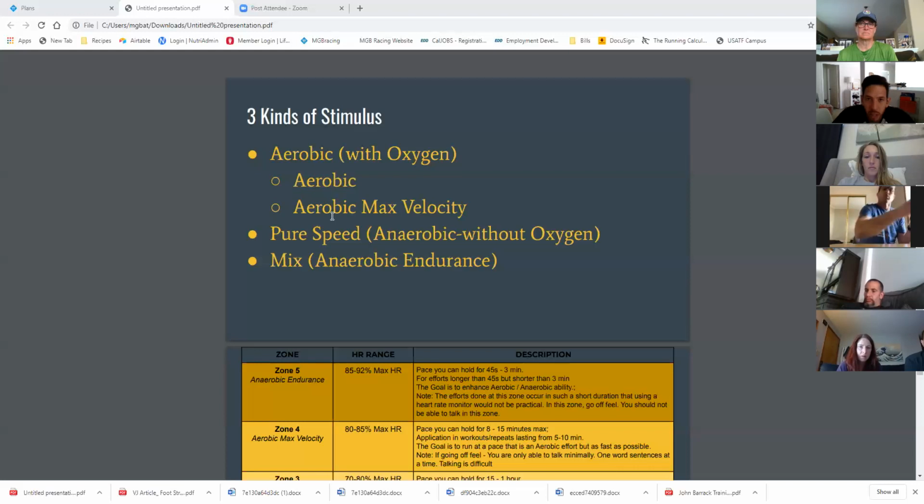Anaerobic endurance is a little different because now there's muscles that we have that are predominantly either aerobic or anaerobic, and with the mix, you have some muscle fibers that go either way depending on your training.